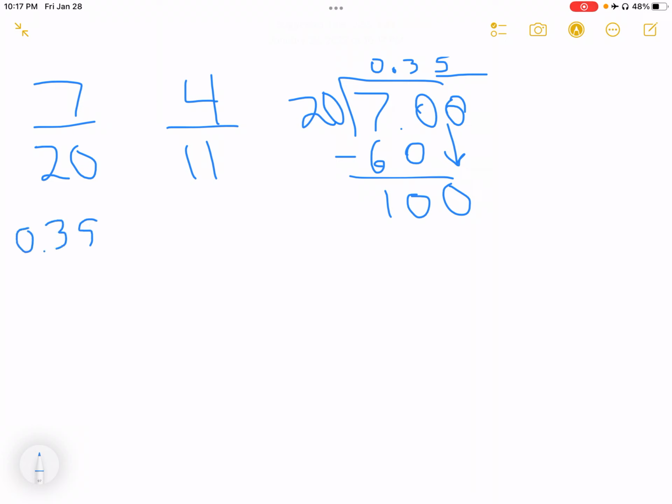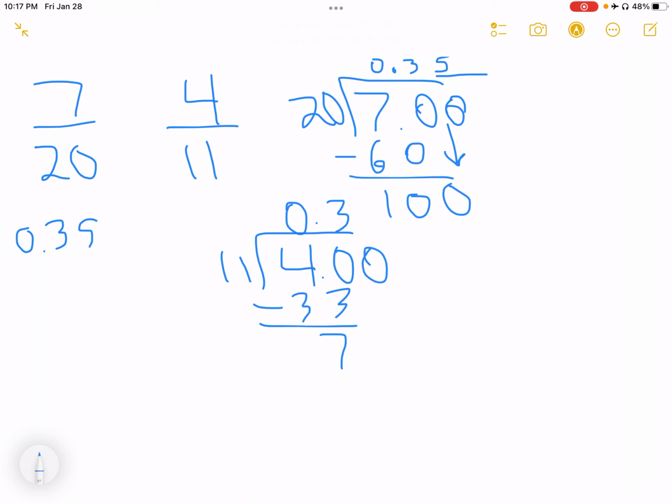0.35, and 4 divided by 11. My decimal, I have 0, of course, there. This is 3. This is 33, right? Because 3 times 11 is 33. I have 7 for my number here, bring my 0 down. And then I have 6 here.